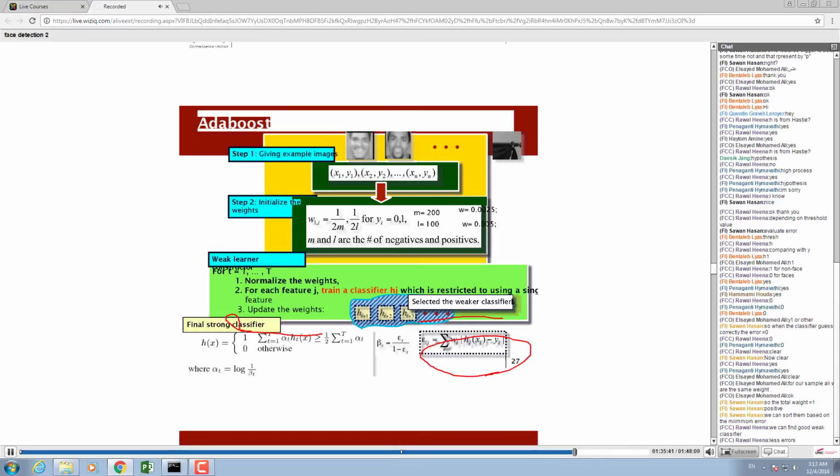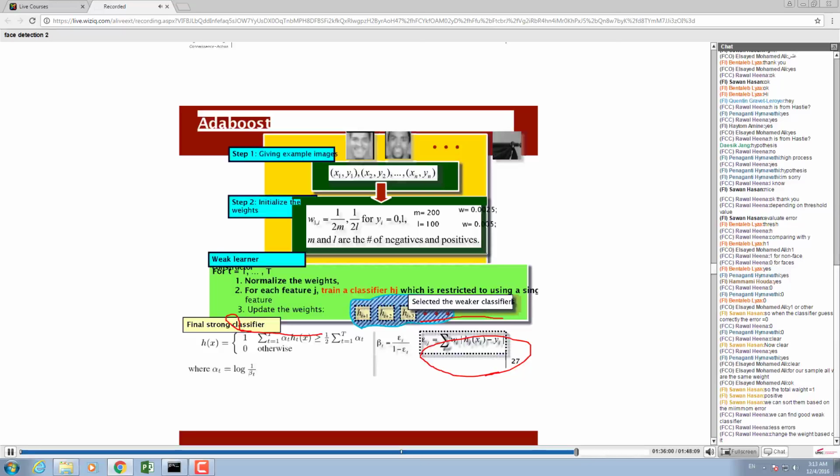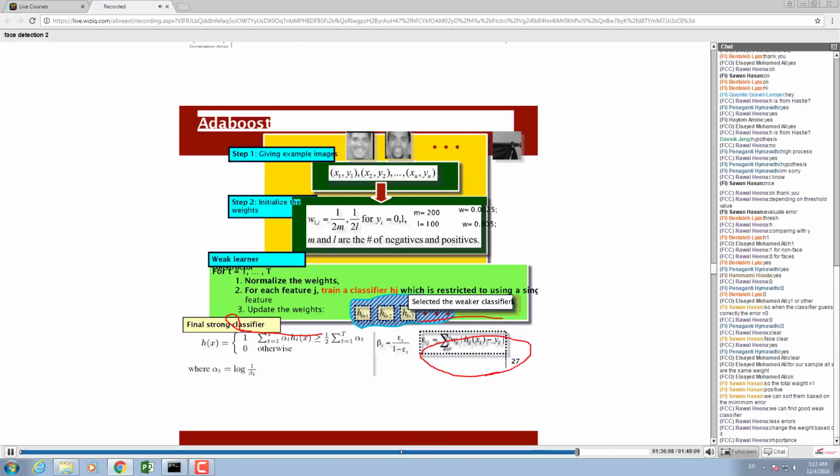Then we can consider every sample from the point of view of this selected best weak classifier. This classifier can determine, from my point of view, which sample is good and which sample is bad. That concept is applied by updating the weight. As we discussed in the beginning, the weight can represent how good every sample is.